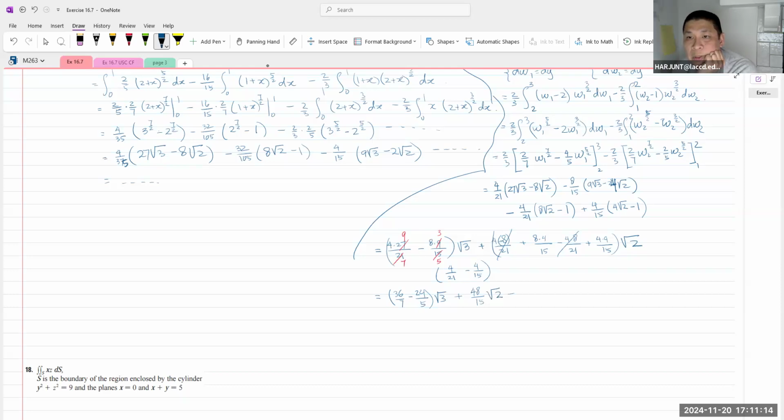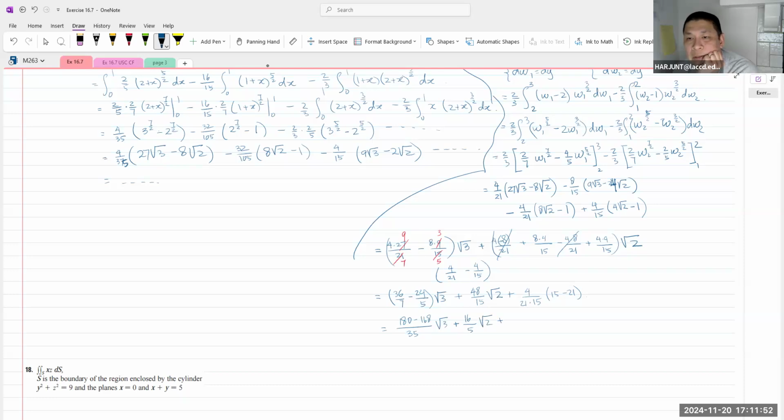And then plus 4 times 21 times 15. That's 15 minus 21. Something over 35. 180 minus 24, 7, 168. 48 divided by 15, reduced by 3, reduced by 3.